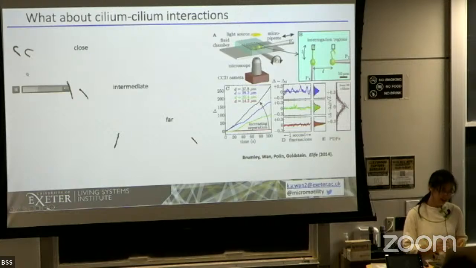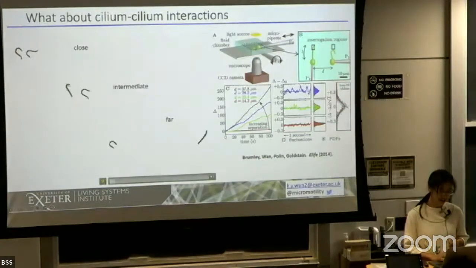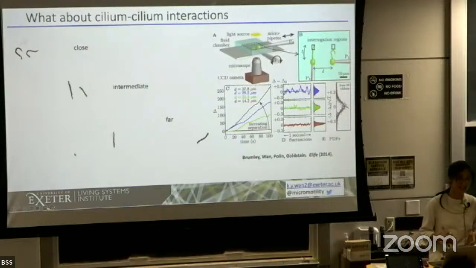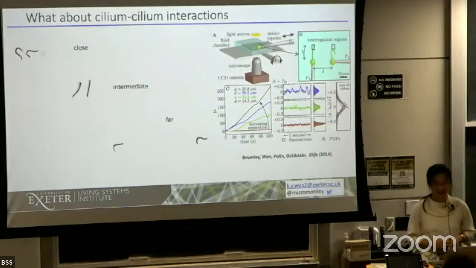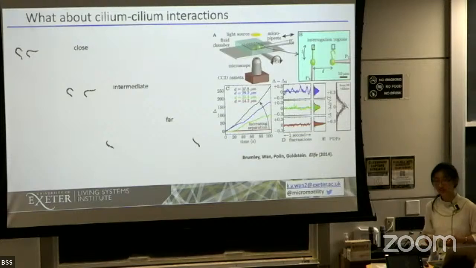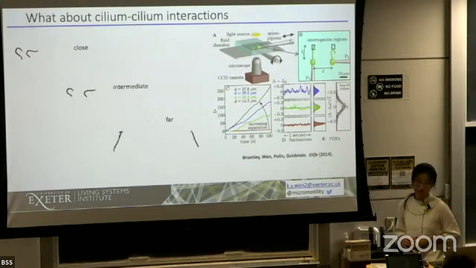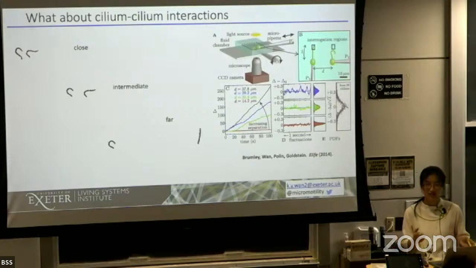So you can appreciate that when they're very, very close together, their movement patterns appear to be coordinated. As you start to move them further and further away from each other, this coordination starts to become less and less robust. So this can then be quantified rigorously in terms of this phase difference.